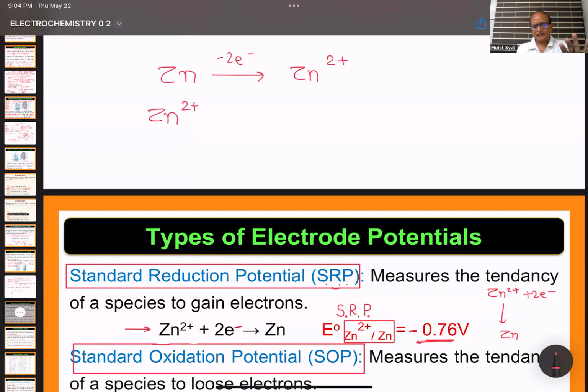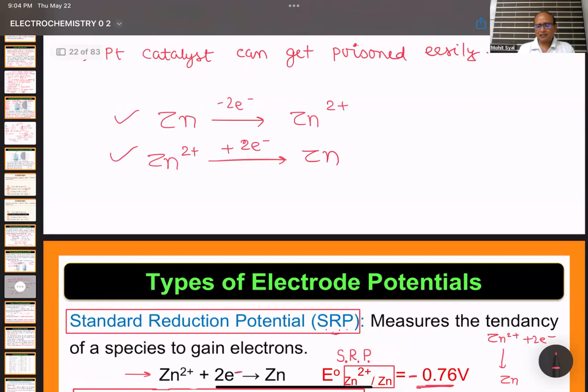Zn2+ can accept 2 electrons and change to zinc. Are you getting the point? Do you agree with this? Two possibilities are there.